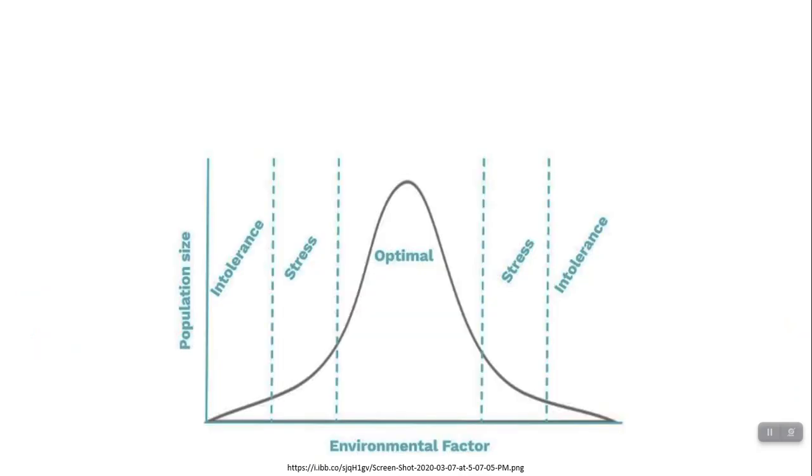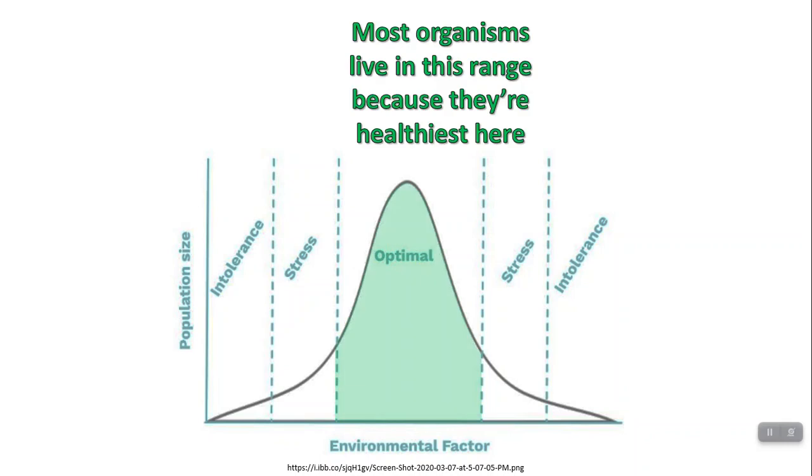So this is a typical graph that you would see, a very general one looking at a particular abiotic factor. It could be temperature, could be salinity, etc. We can divide this. This is showing the population size, so how many organisms are living in each of these zones. You have what's called the optimal zone, and most of the organisms are going to live in this range because they're healthiest, they're most comfortable.